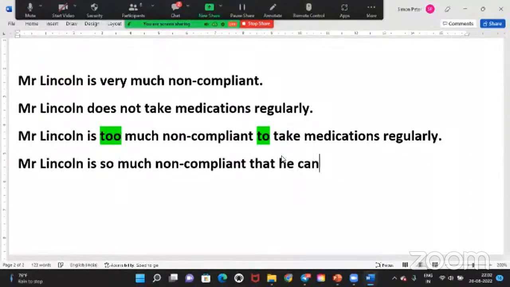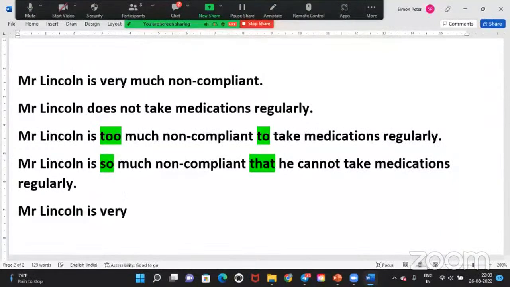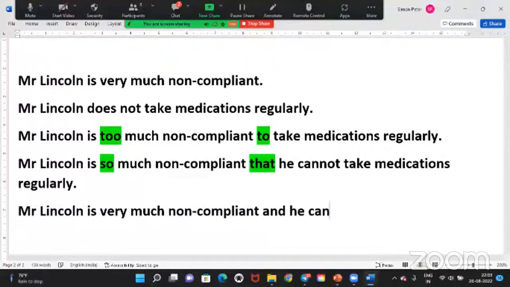This is also called so that. Next one. Mr. Lincoln is very much non-compliant and he cannot take medications regularly.